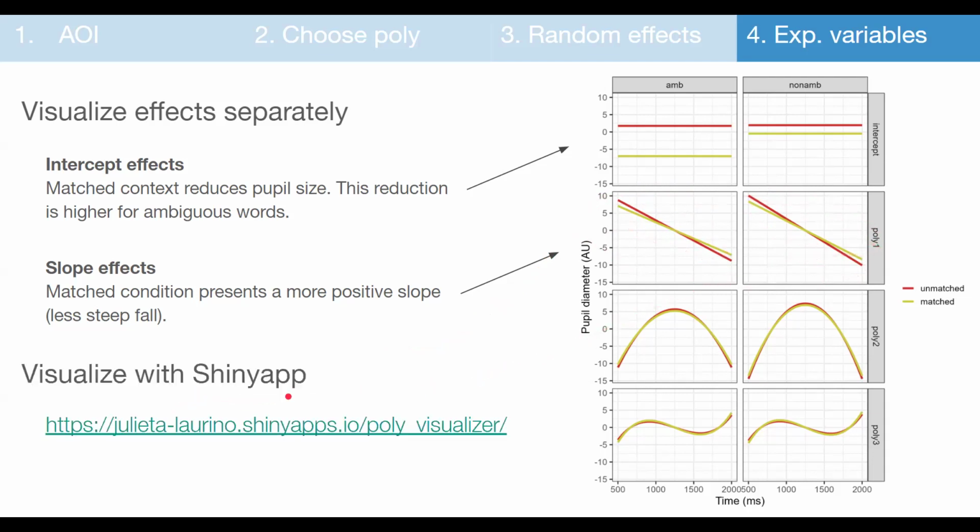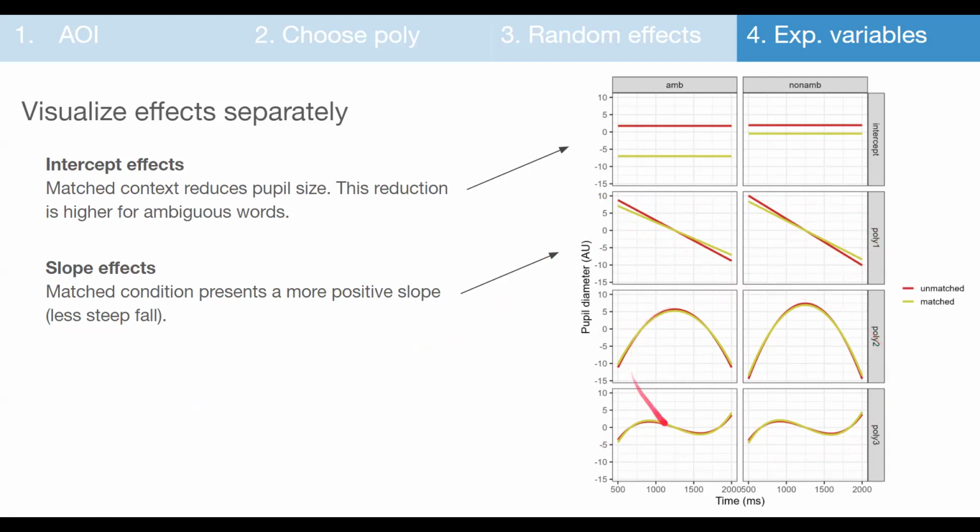And finally, we have the poly 2 and poly 3 terms that, remember that we didn't find any significant interactions between the conditions. So that is why we see exactly the same curves for both of the conditions, right?